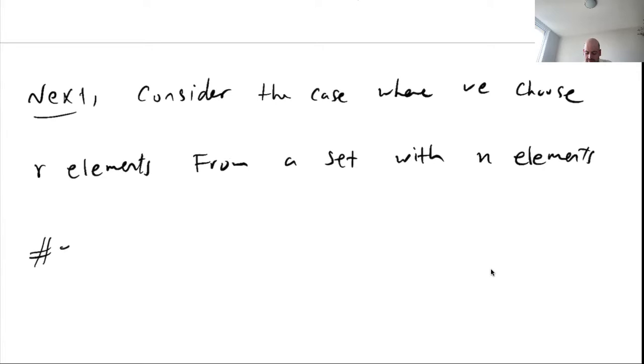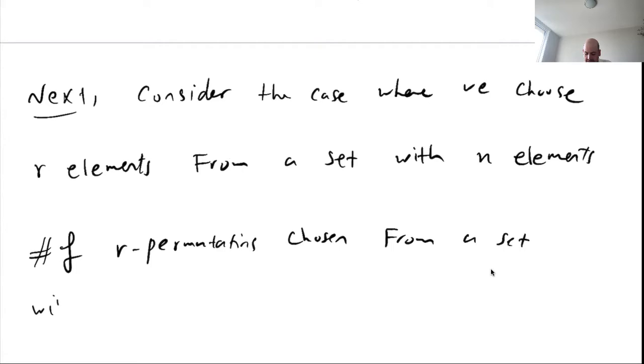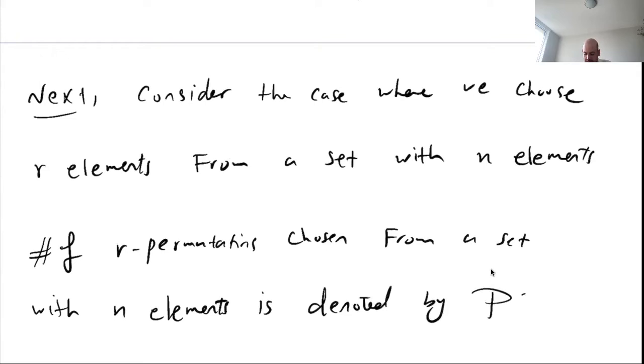So the number of R permutations chosen from a set with N elements is denoted by P(N,R).